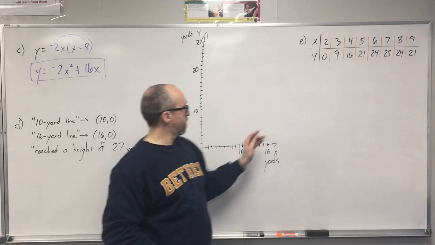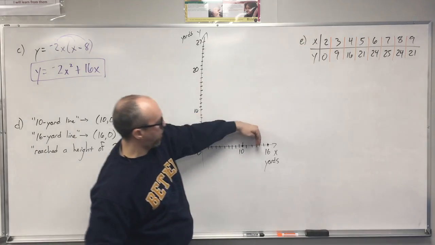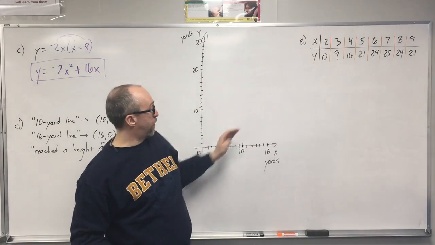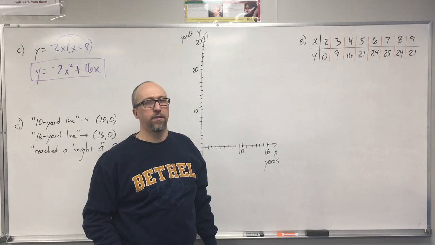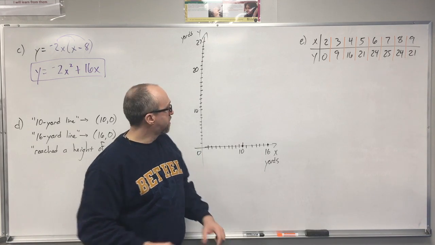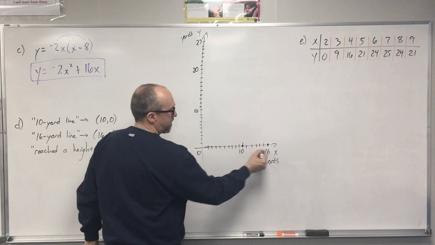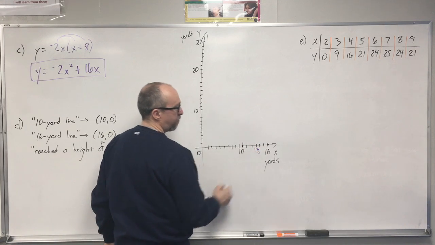Could the vertex be over here, and there's a strong wind, and the wind blows the water balloon back here? And you were like, no. So we discovered the vertex has to be precisely halfway.